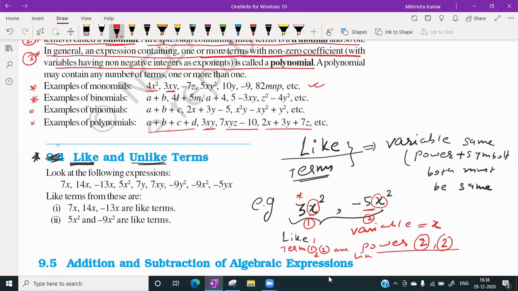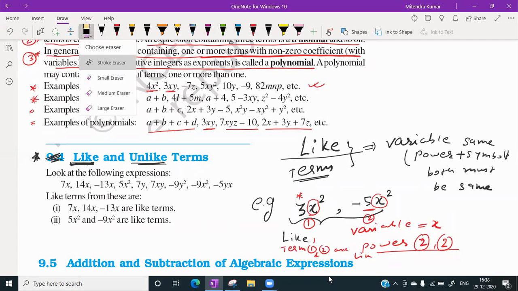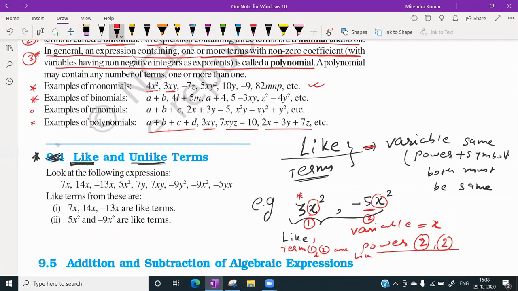समझ में आ रहा है क्या आप लोग को? लाइक टर्म्स कैसे पहचानेंगे, आप लोग लिख लो. पहले हेडिंग लिखा, उसके नीचे लाइक टर्म्स. तो हाउ टू रिकॉग्नाइज लाइक टर्म्स: वेरिएबल विल बी सेम, और सेम वेरिएबल इज कॉल्ड लाइक टर्म्स. And more precisely, if I say same, what does it mean?